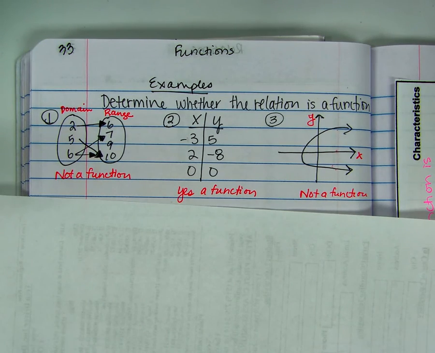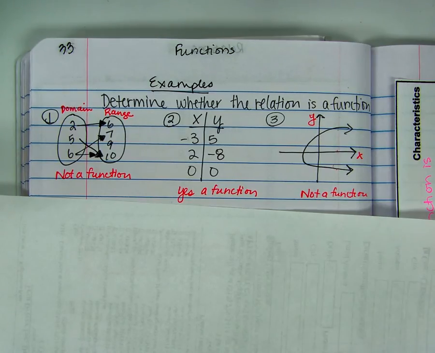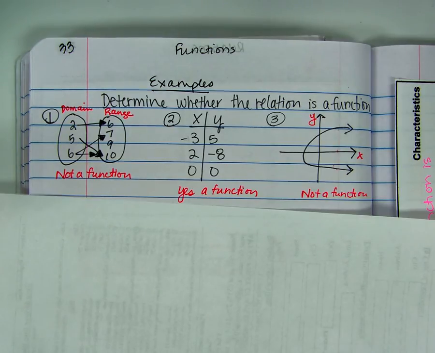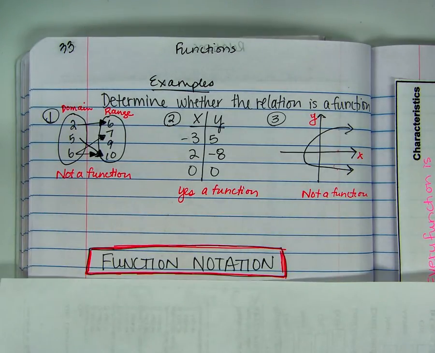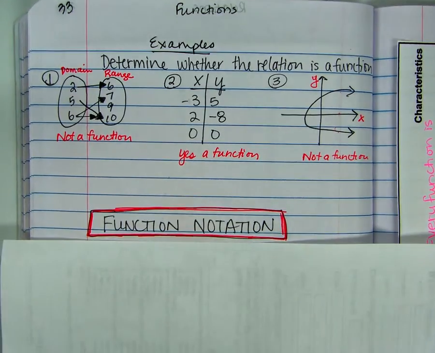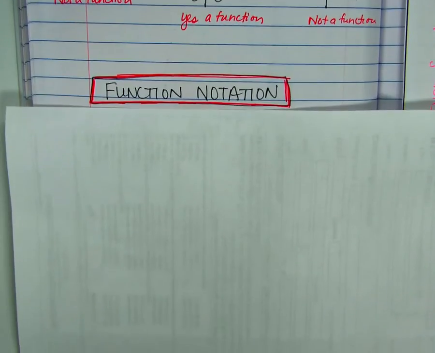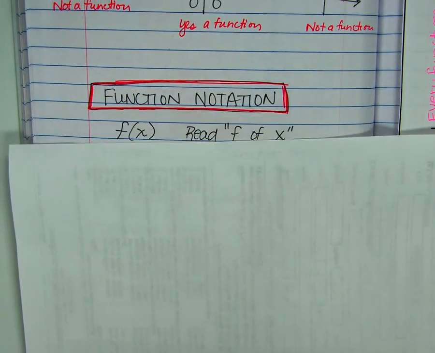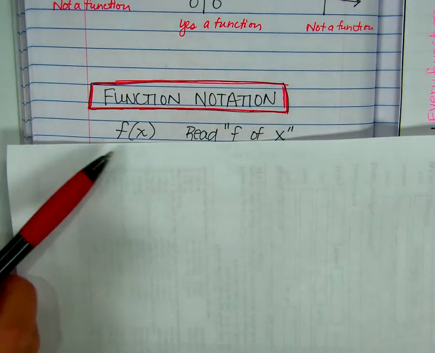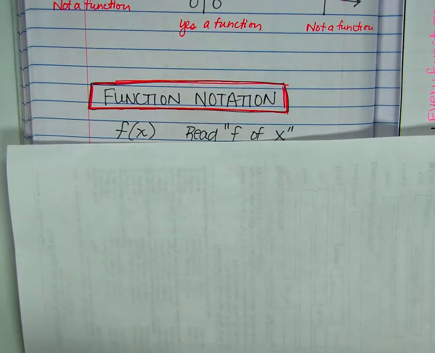Now, functions are different than relations in a manner of we use different notation with functions, and we call it function notation. And it's just a better way to represent the elements of a function, the domain and range. And let me explain how. This is what it looks like. f(x).